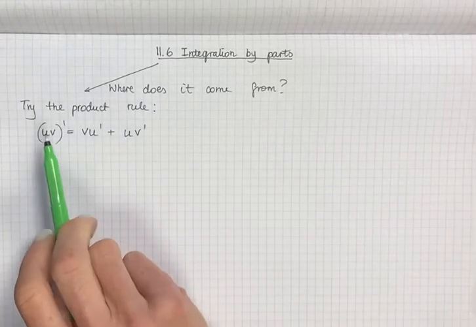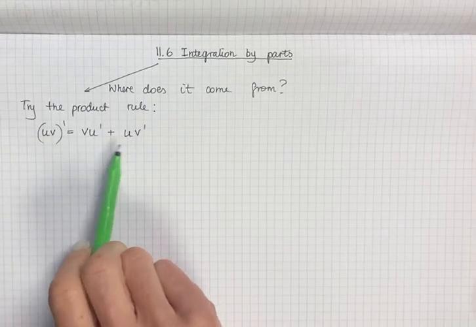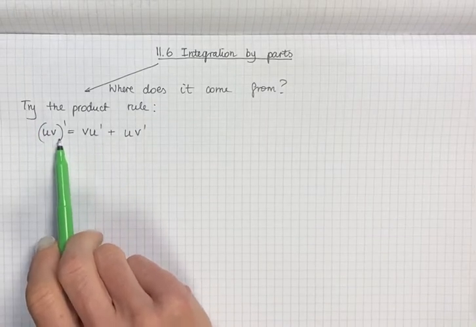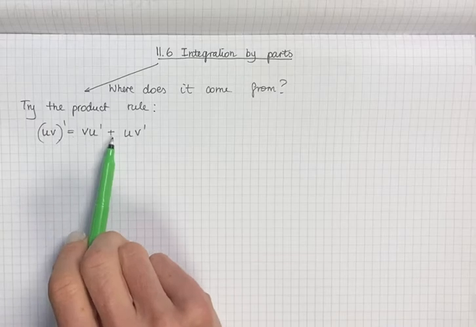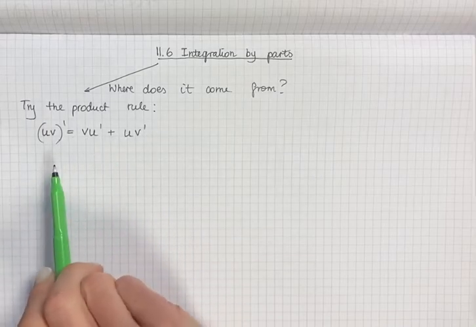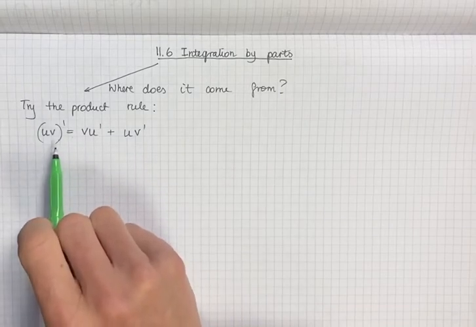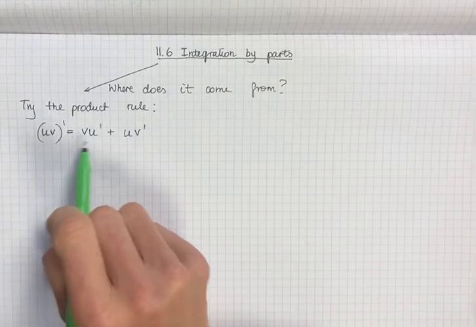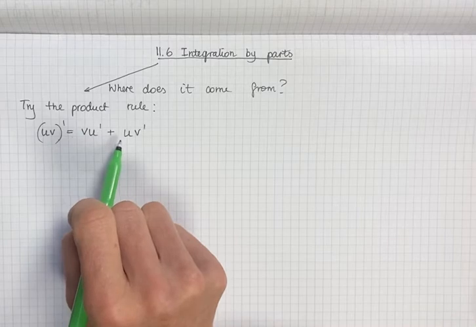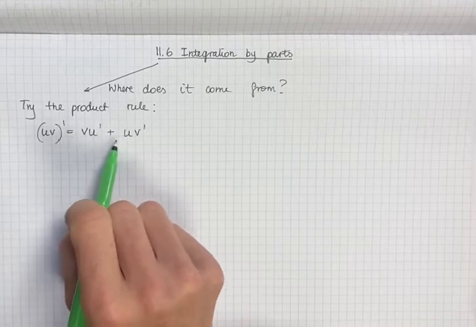So over here, if you can quote the product rule, so (uv)' is equal to vu' plus uv'. That's how we learn it in Haybridge, this rule. So imagine at this particular instance, we want to undo that differentiation.